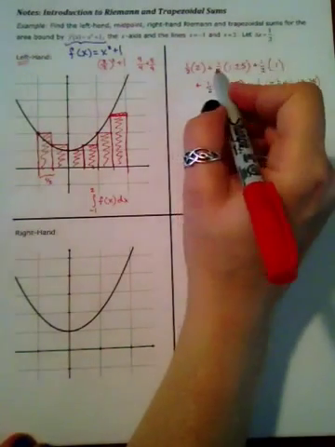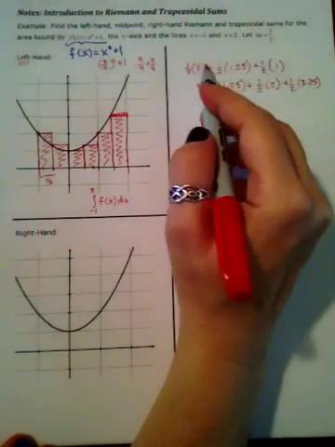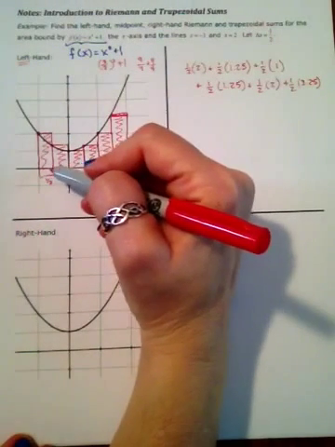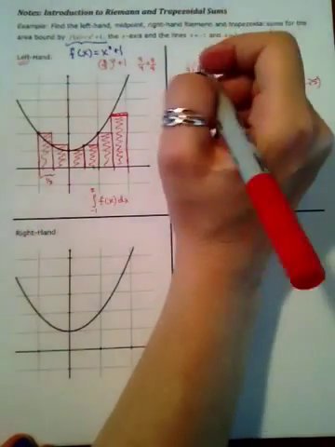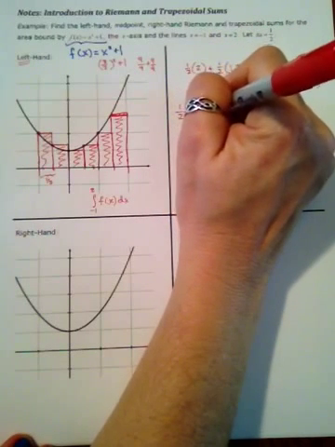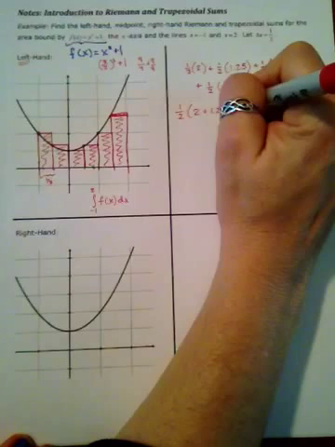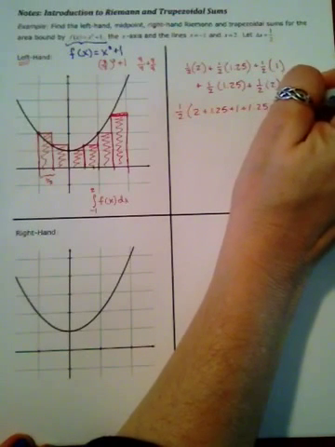Okay, so if I actually figured out what this is, I would have the left-hand Riemann sum. Because the rectangles have equal bases, they all have this 1/2, so I could factor out the 1/2. I'd have 2 plus 1.25 plus 1 plus another 1.25 plus 2 plus 3.25.